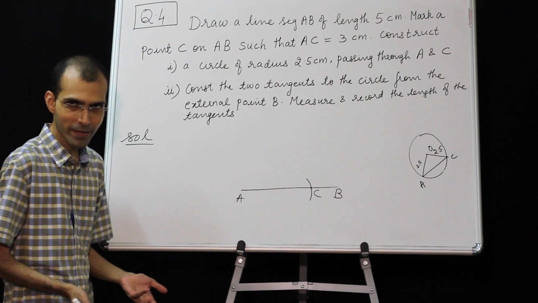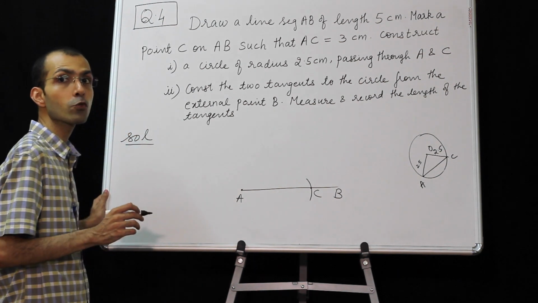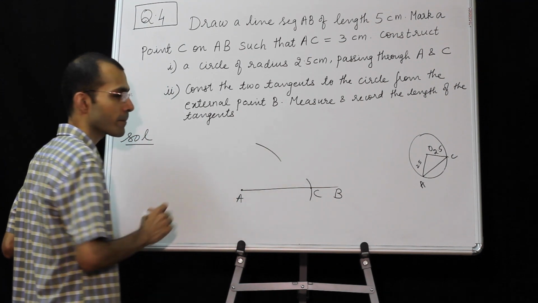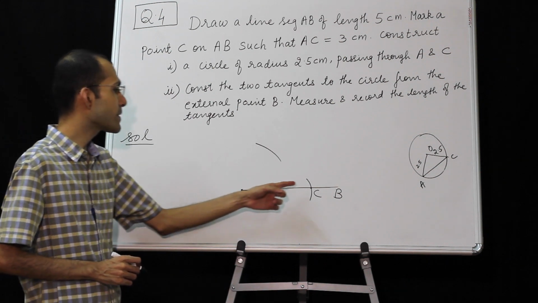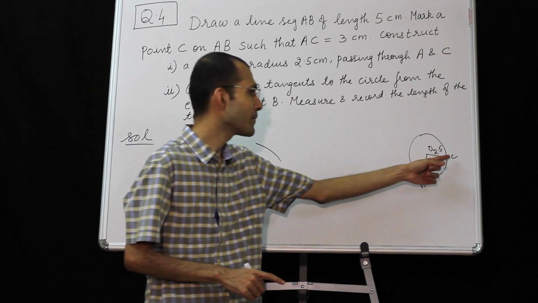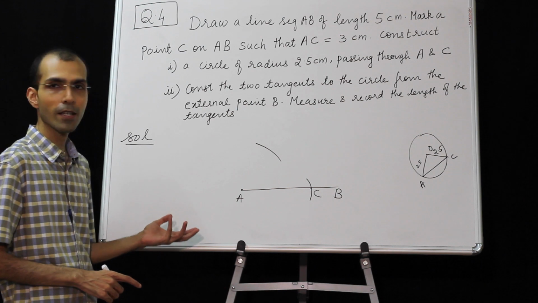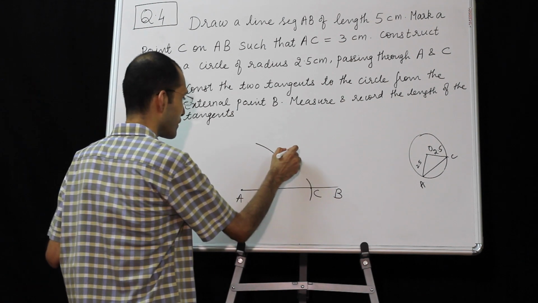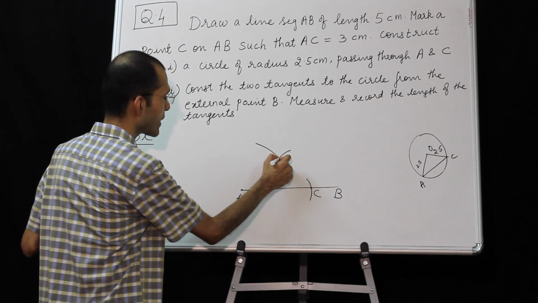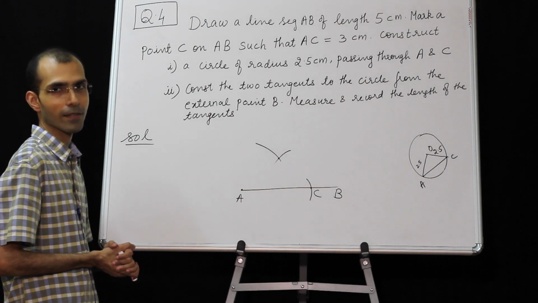So what we do is, with A as the center, radius 2.5, we draw an arc. And with C as the center and the same radius, 2.5, we draw an arc. So the two arcs say meet here. So this would be the center of the circle.